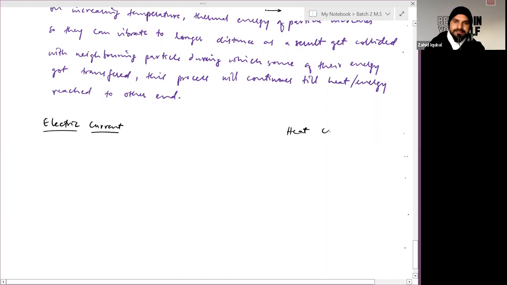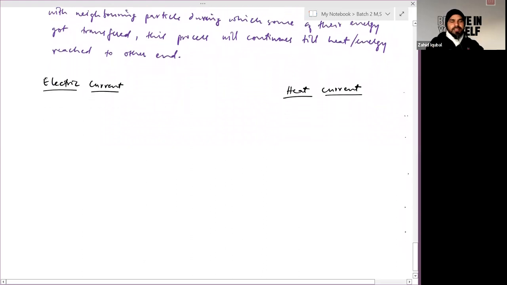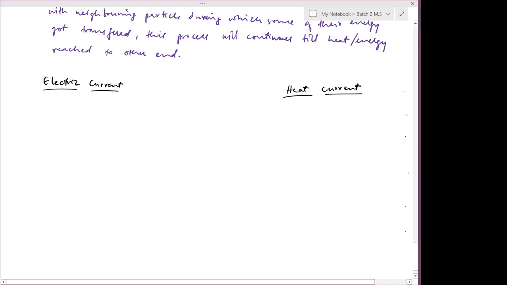Next is heat current. Samara, just tell me, what do you mean by current? Is it rate of flow of charge or something else? Rate of flow of charge.